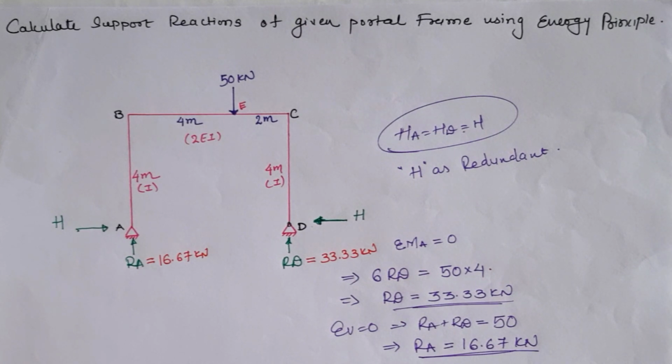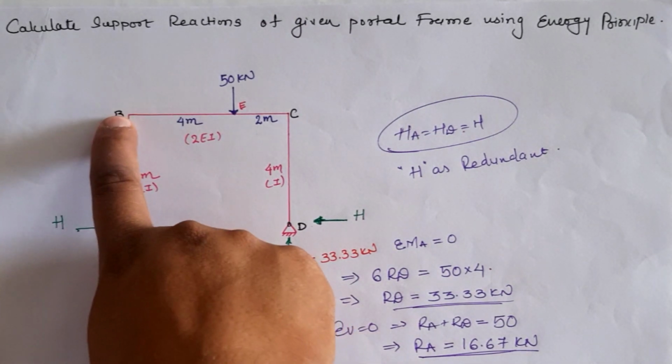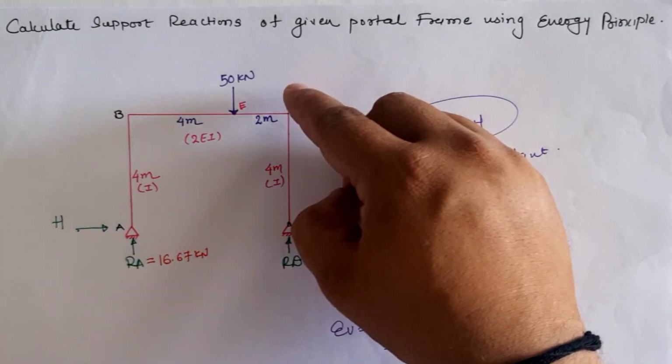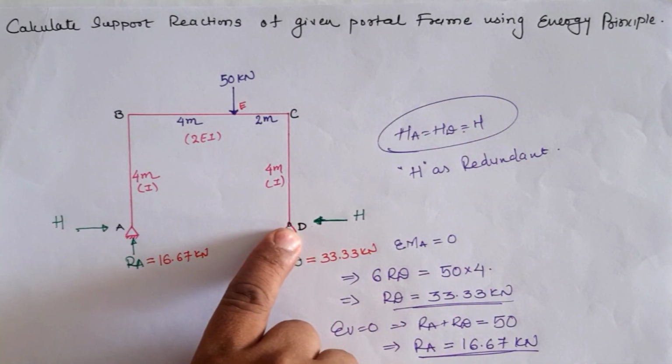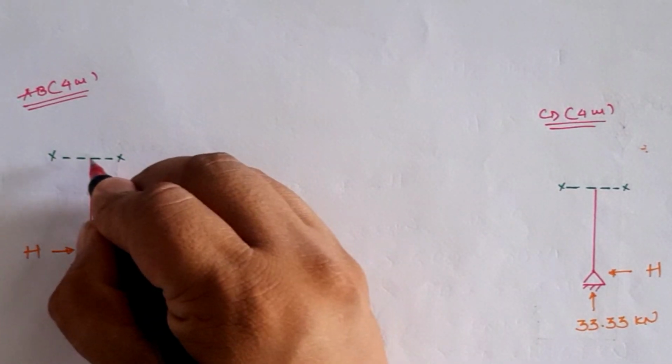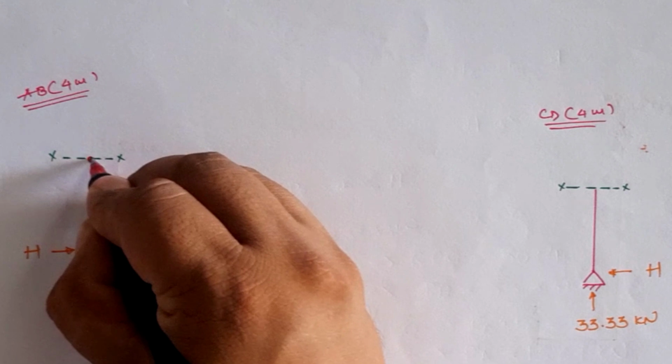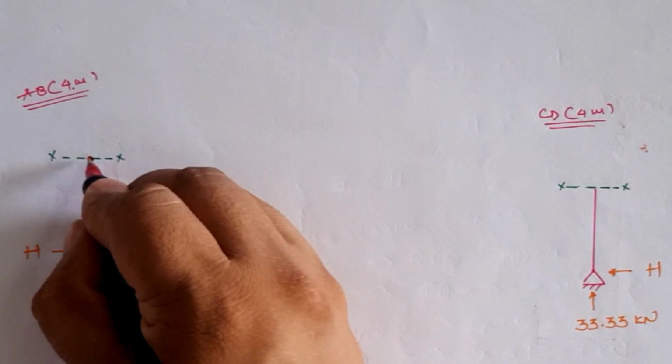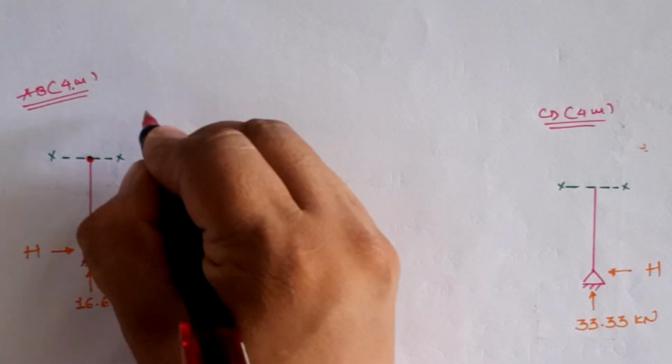Now according to Castigliano's theorem, we have to take segmental parts: A to B, taking A as the origin, and similarly C to D, with D as the origin. Our cross section looks like this. So for segment A to B having a 4 meter span, we have the moment at location XX.